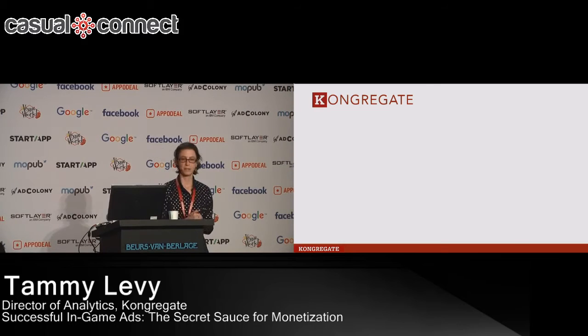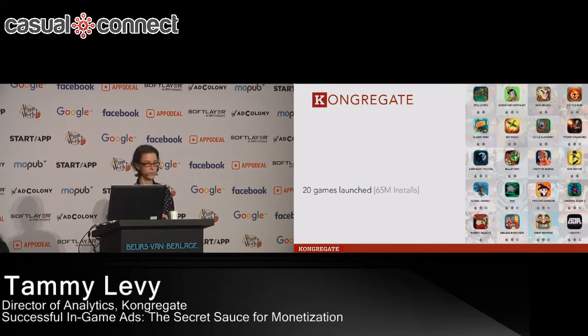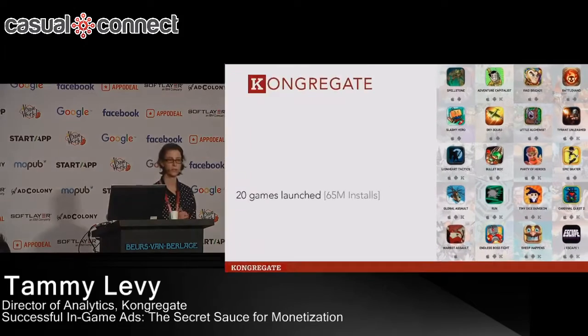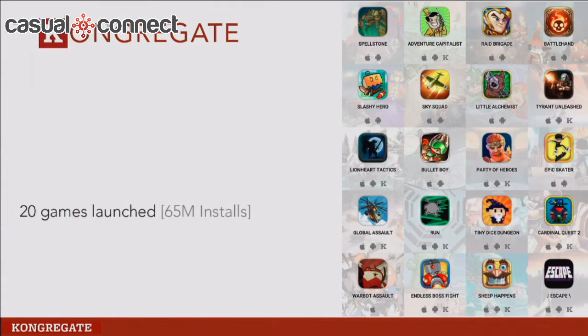So who is Kongregate? We are a web platform and mobile game publisher that works with developers from all around the world. On mobile, we've launched 20 games, amounting to 65 million installs across iOS and Android. You might recognize our latest title, Battle Hand, which got Editor's Choice just last month.